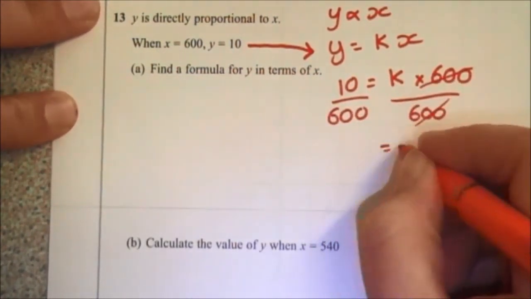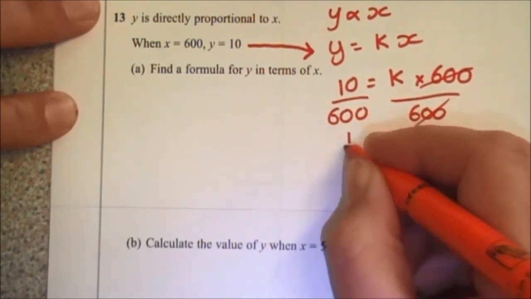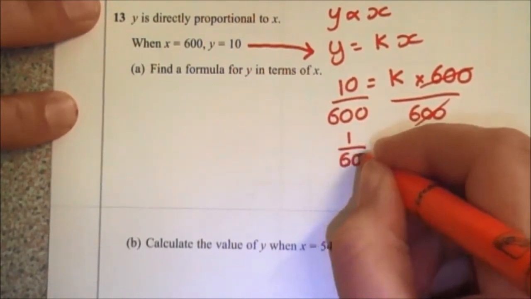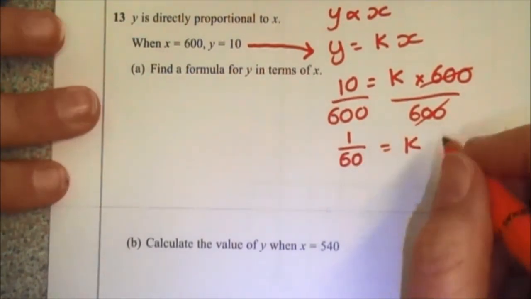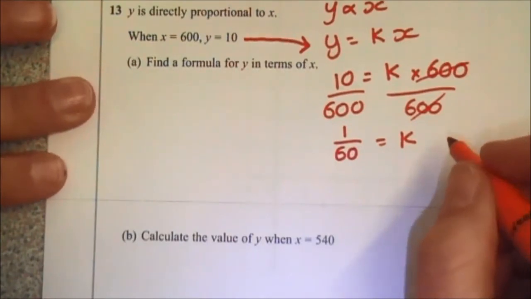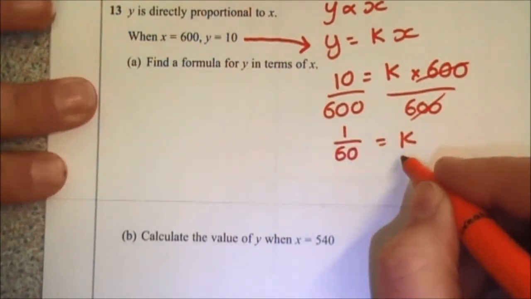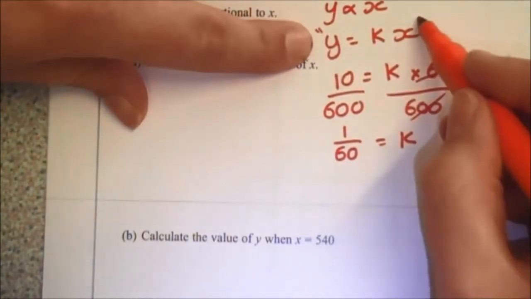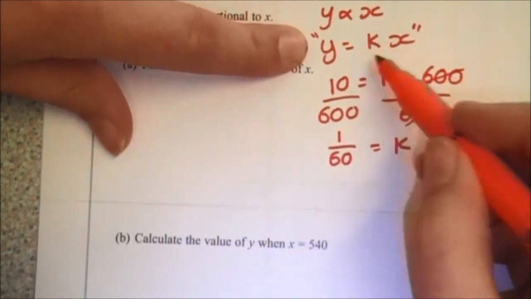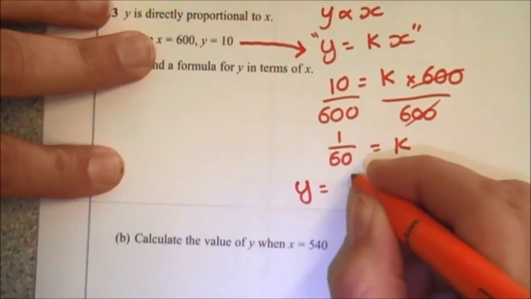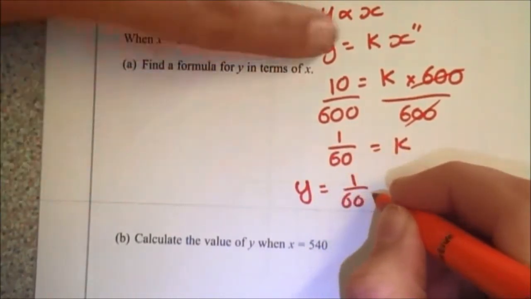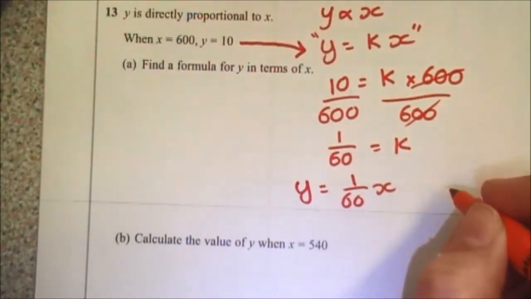So it cancels down there, leaving me with k equals, and you can either have 1 over 60 or 0.016 with a recurring dot above the 6, but I'd advise you keep it as a fraction. That's what they've done in the mark scheme. So now I know what k is, I can rewrite my formula with k in it, but with x and y as variables. So y is equal to 1/60th of x.